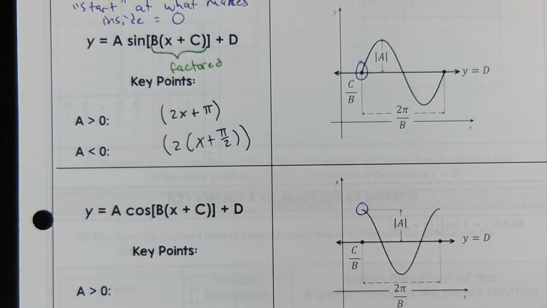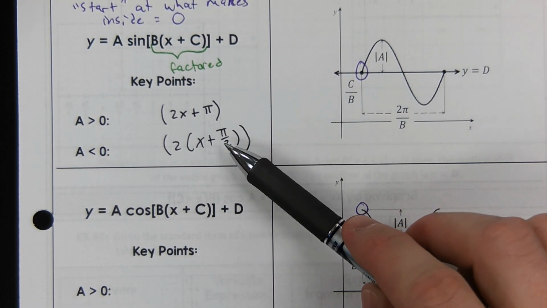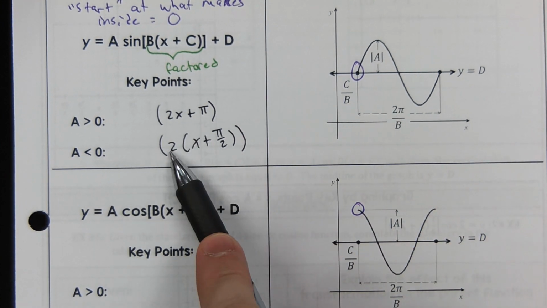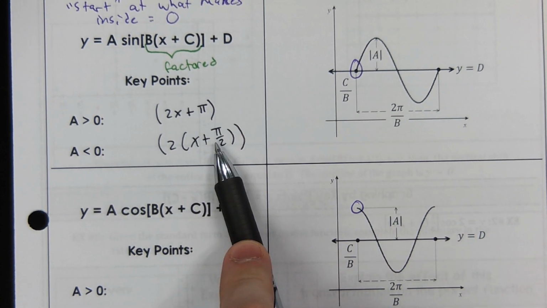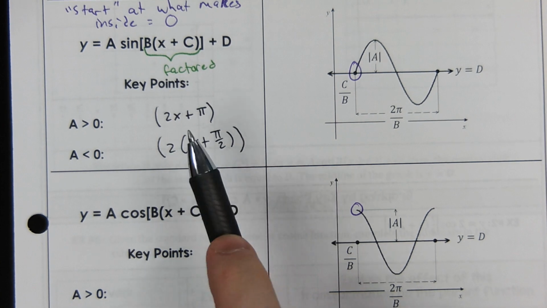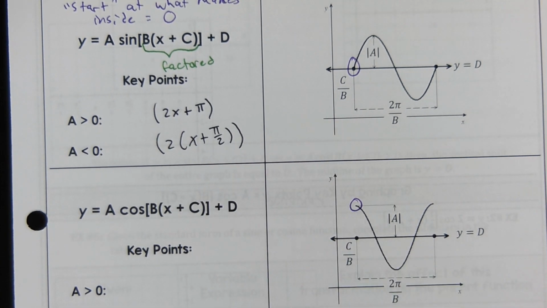And if you wanted to describe these transformations, you describe them from left to right, just like you would everything on the outside. So as long as it's factored on the inside, you can describe it left to right. You say horizontal dilation, factor 1/2, and a horizontal translation of negative pi over 2 units. You get to say it in the order you see it, as long as it's factored.